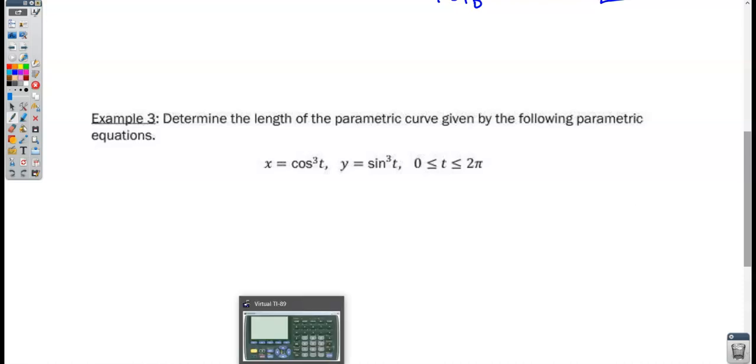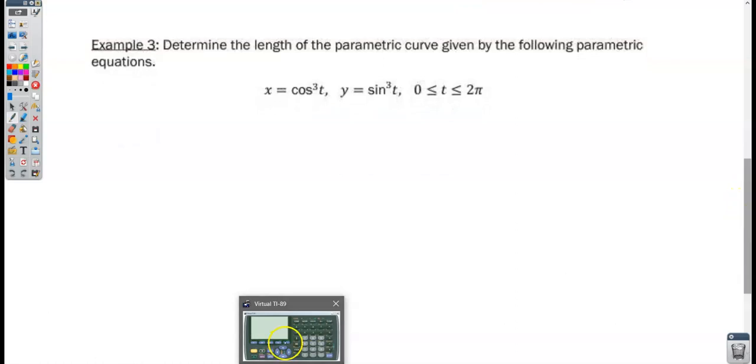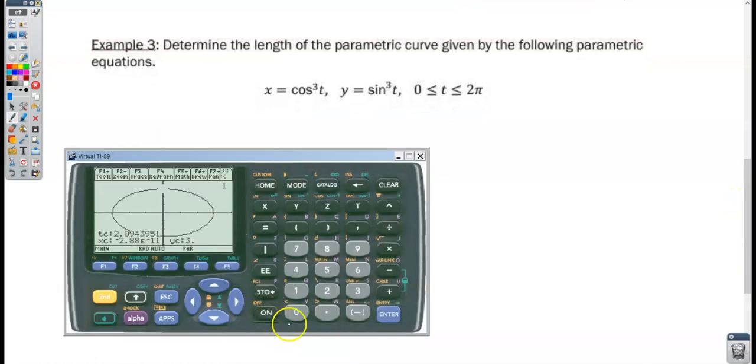So the first thing I'm going to do is take a look at this curve that we are going to find the arc length of. So let's go ahead, do I have 0 to 2 pi? Yep, I have 0 to 2 pi. I think my x and y values should work okay. We might need to adjust those after we've graphed this.